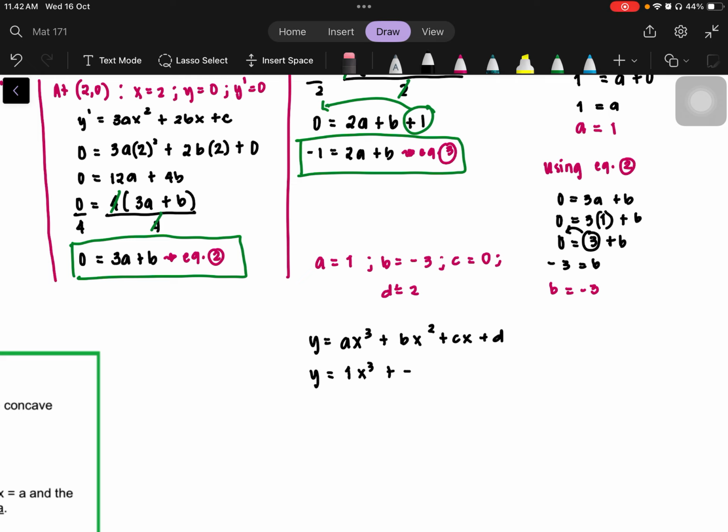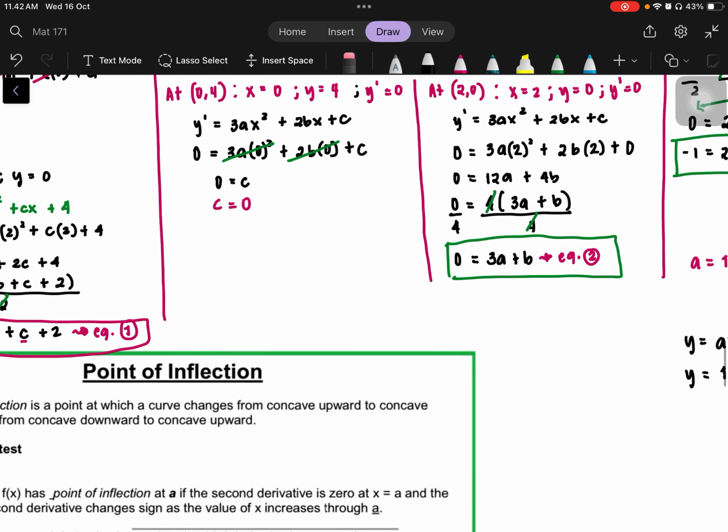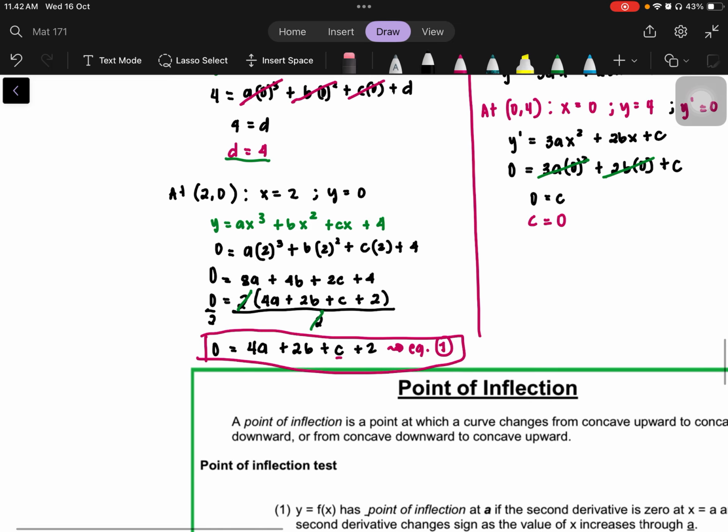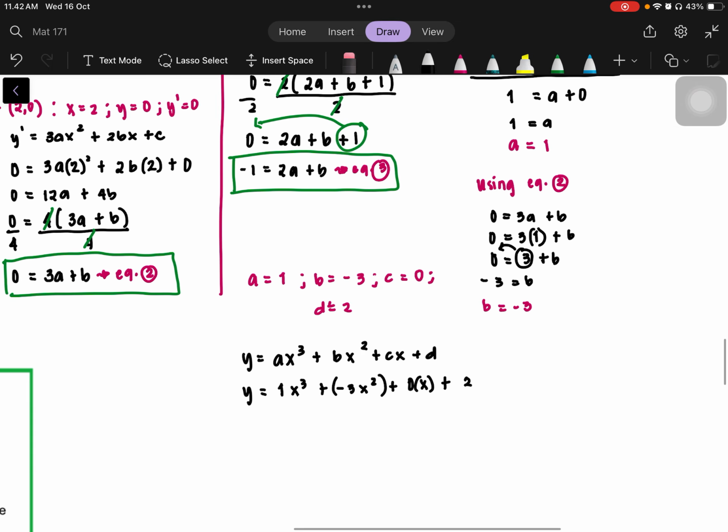Okay? So, we have y is equal to, ano nga a natin? 1 x cubed plus b natin is negative 3 x squared plus c natin is 0 times x plus d na 2. Sorry, this is 4 pala. Hindi, nakuha natin kanina. Ayun, 4. Alright, d is 4.